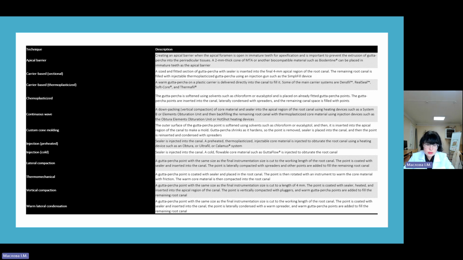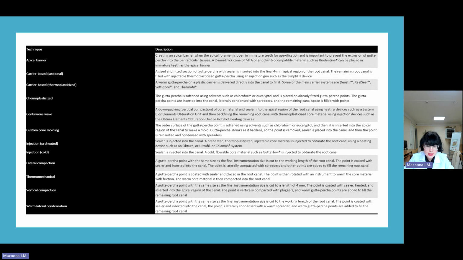Thermoplasticized: a gutta-percha point coated with the sealer is placed in the root canal. The point is then rotated with an instrument to warm the core material with friction. The warm core material is then compacted into the root canal.